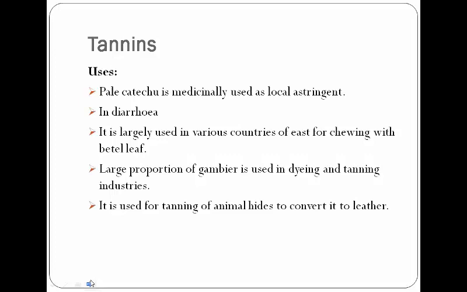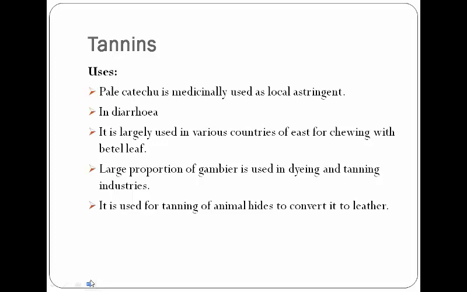Gambir, because of having a rich content of tannins, is used as a local astringent. It is also used in GI problems such as diarrhea.